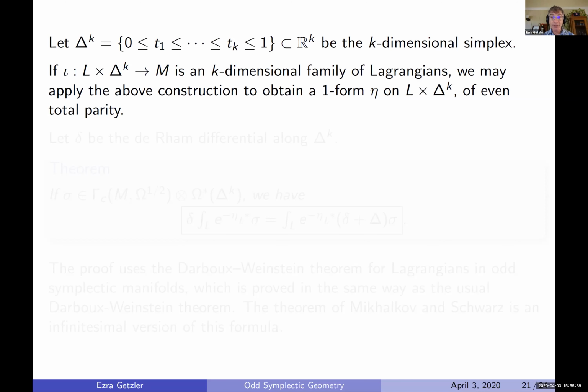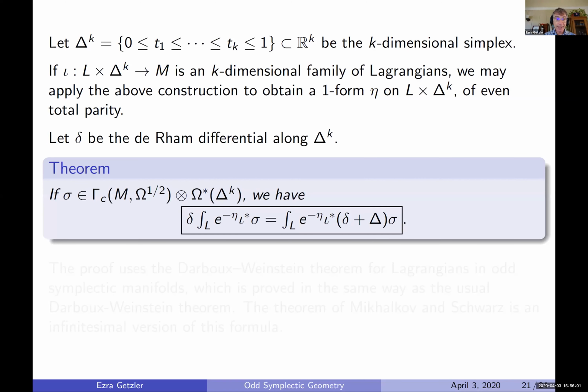It doesn't have any one form components in the directions of the Lagrangian. And it's of even total parity. All I do is for each of the parameters, t1 up to tk, I perform the construction that I did on the previous slide, except multiplying by dt1 up to dtk for the appropriate functions. Okay, so now let me just use small Greek delta to denote the de Rham differential in the direction of the parameters.